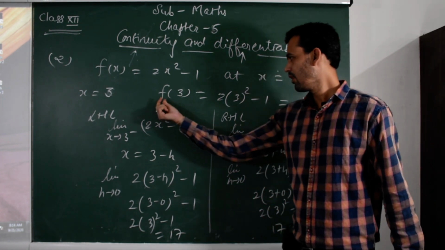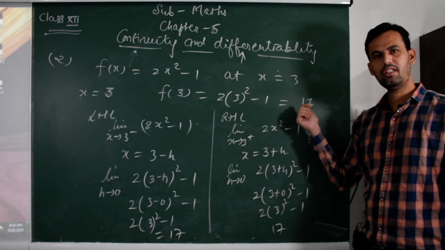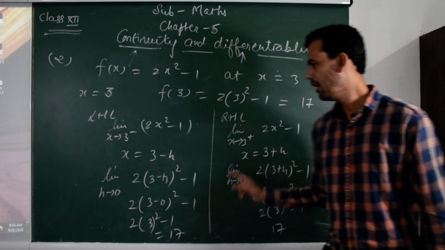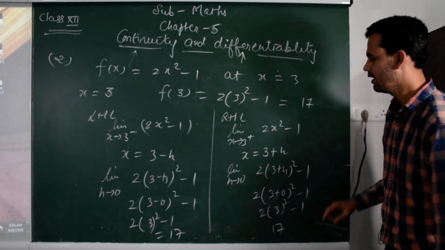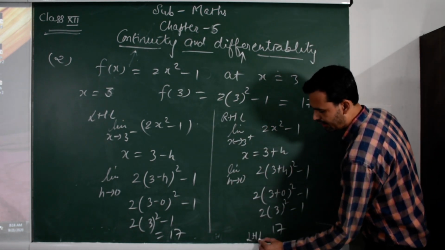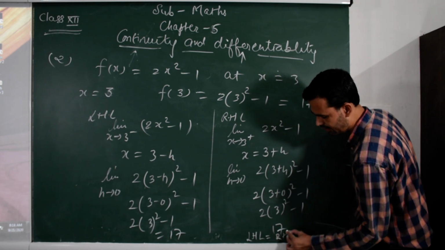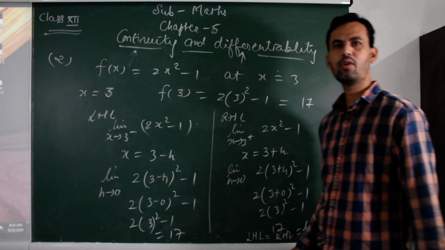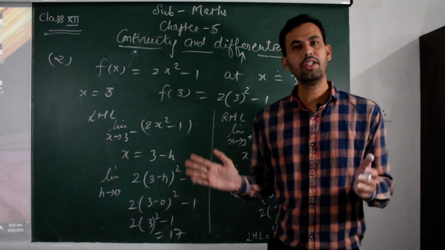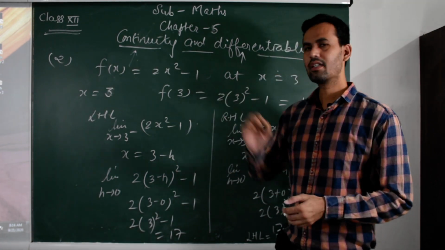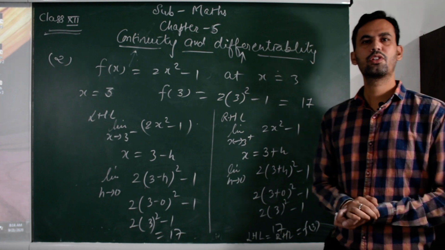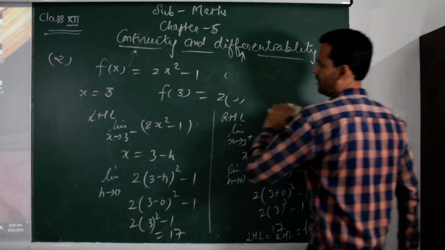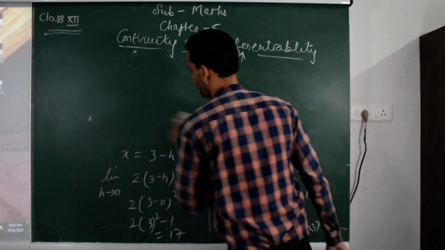So the value of f(3) is 17, the value of LHL is also 17 and the value of RHL is also 17. So LHL equals RHL equals f(3). These three are equal, so the function is called a continuous function. So this function is continuous at x equals 3. Okay. Now, next question, question number 6.